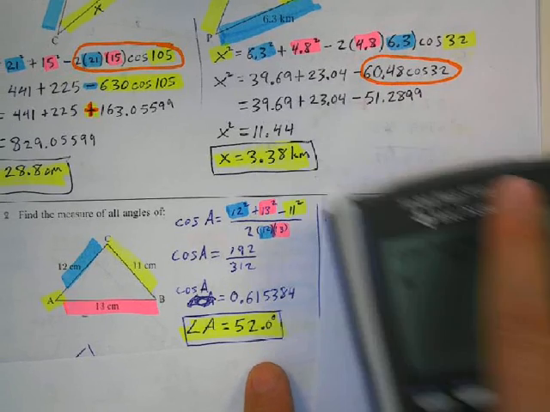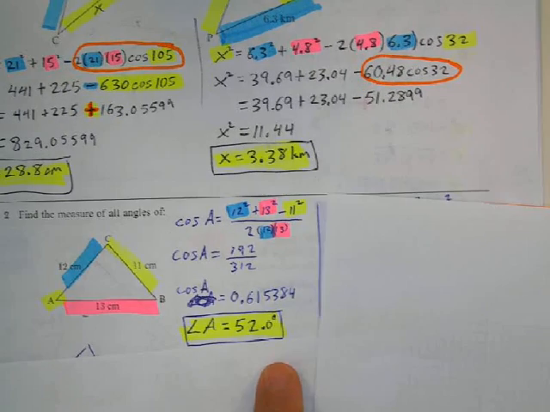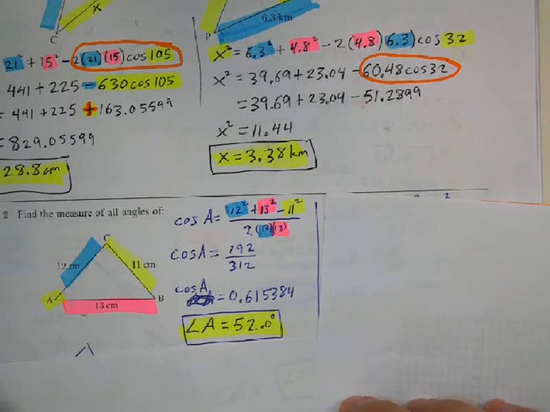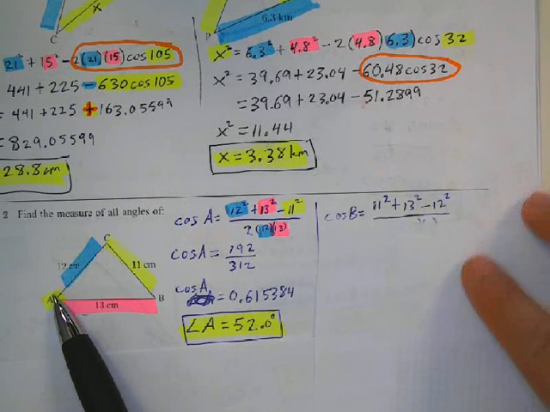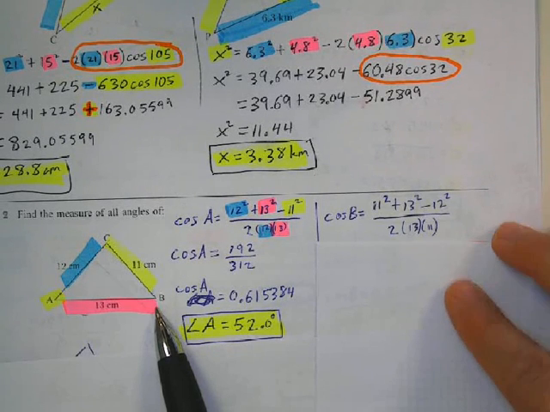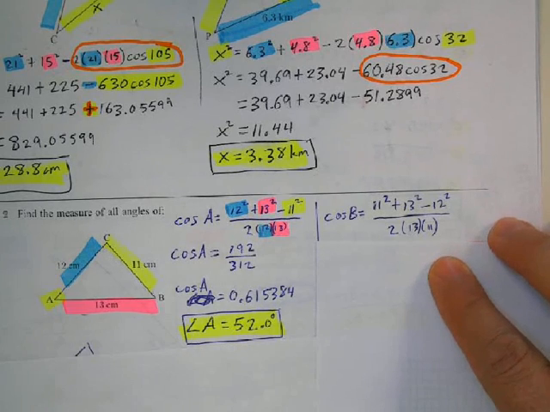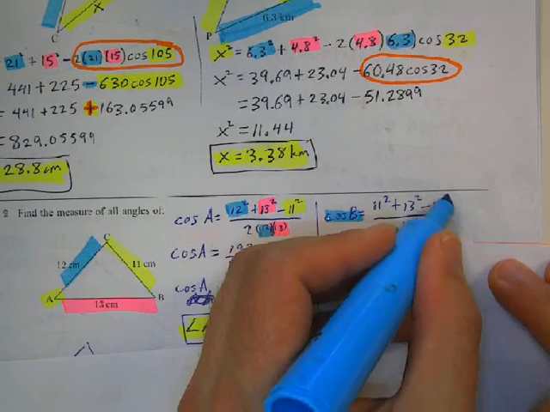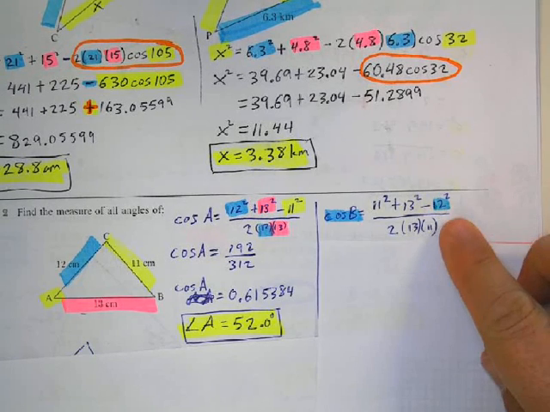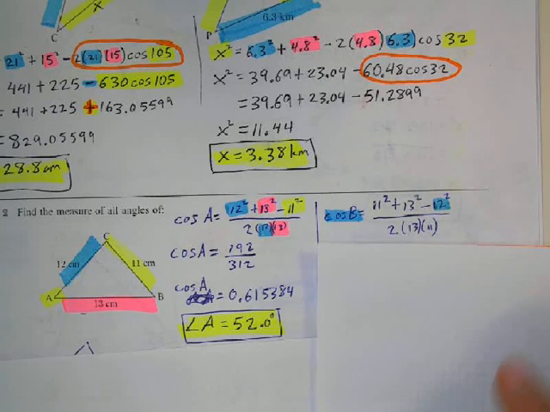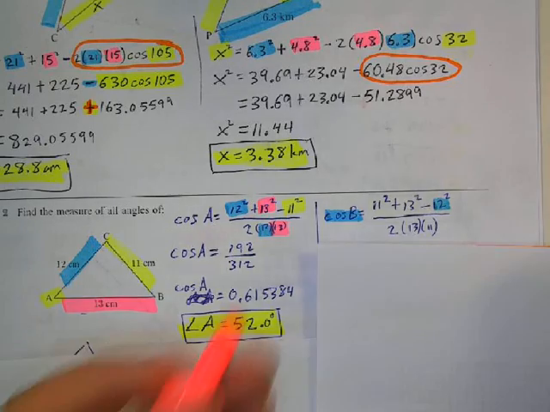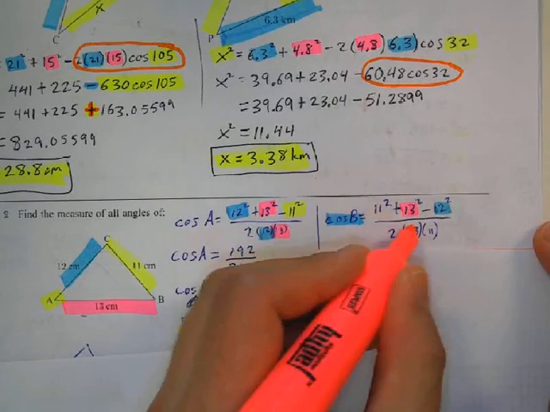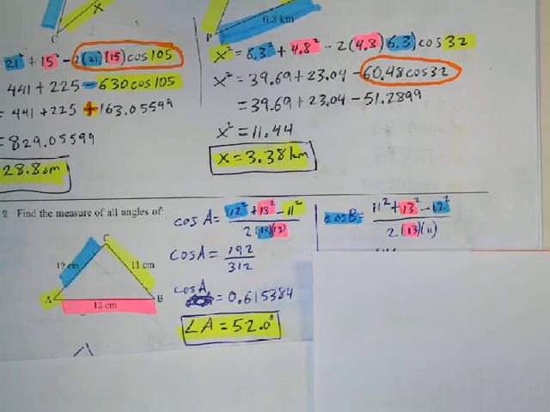Okay, so once I figure out that that's 52 degrees, I need to figure out another angle. So let's figure out angle B. If I'm figuring out angle B, the B is the one that we're subtracting. And the yellow and the red are the ones that we are adding.